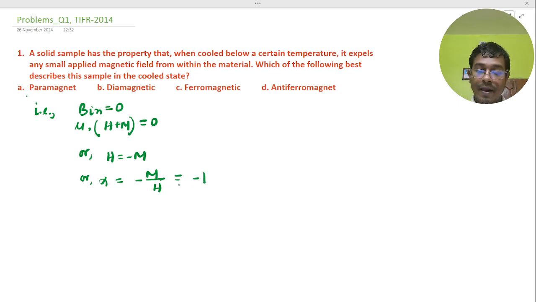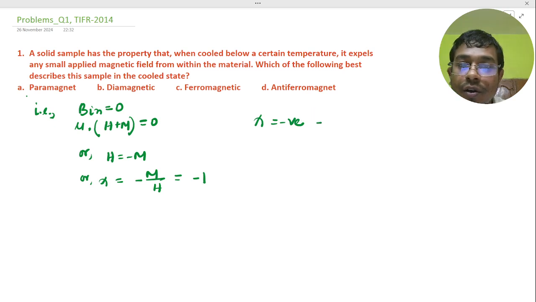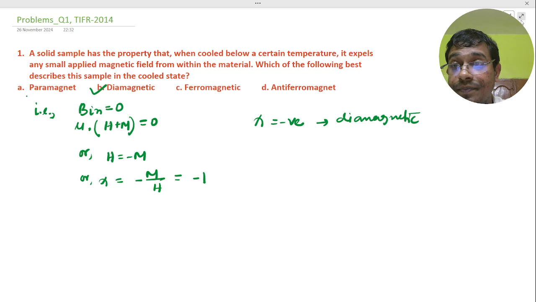That is, chi, the magnetic susceptibility, is unity with negative sign. Chi is negative with unity, that is called diamagnetic property. So our answer would be diamagnetic. B should be the correct answer.